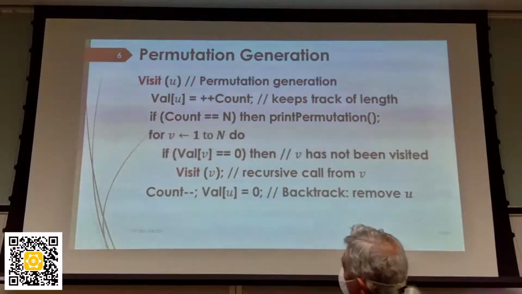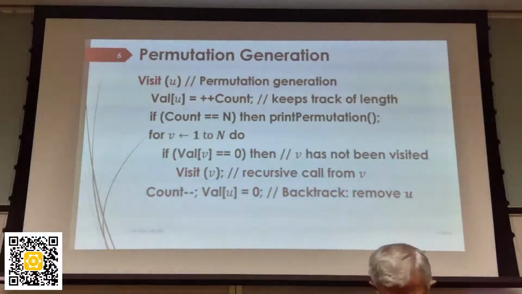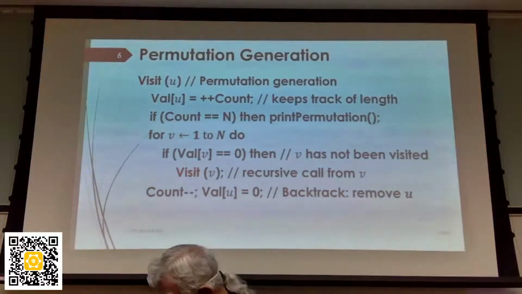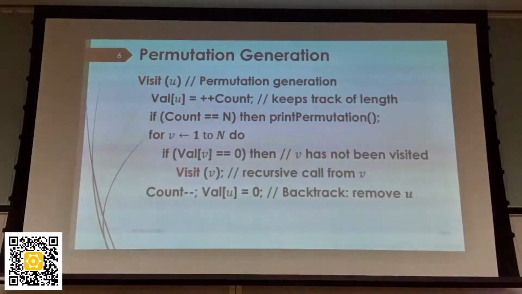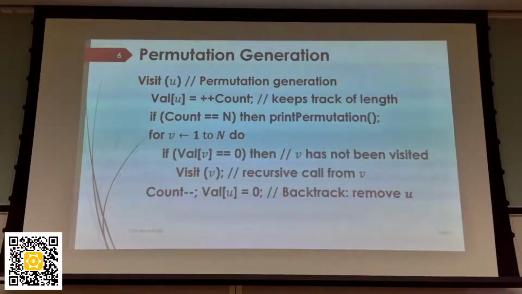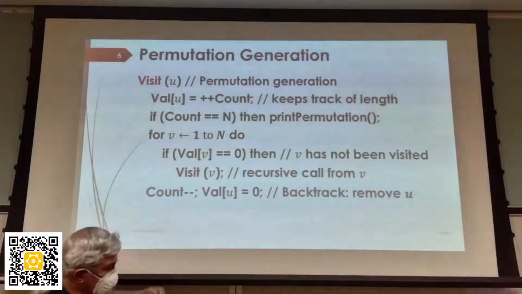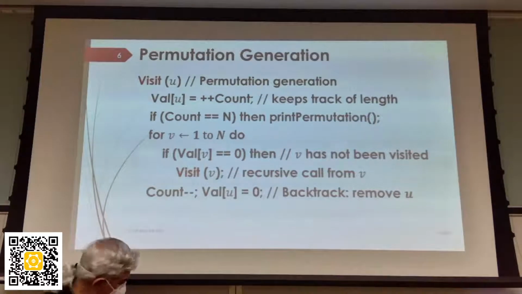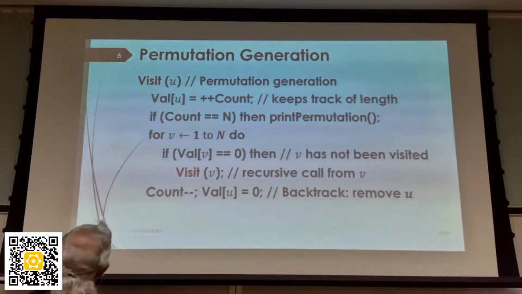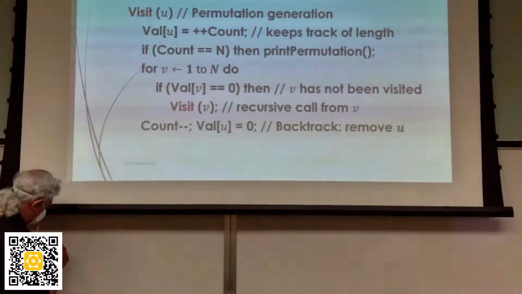So here it assumes that it has generated some permutations, and well, it'll become clear as I work through some of this pseudocode here. It's kind of hard to explain what this function does. It's probably useful to start with an empty array. So it assumes that there's an array, and the array is called val, or values.